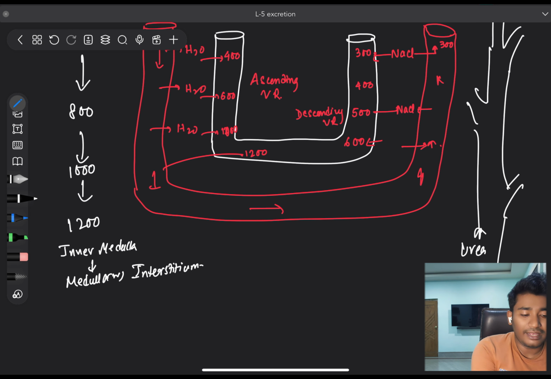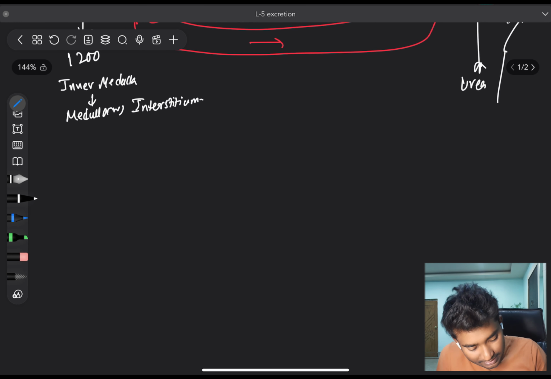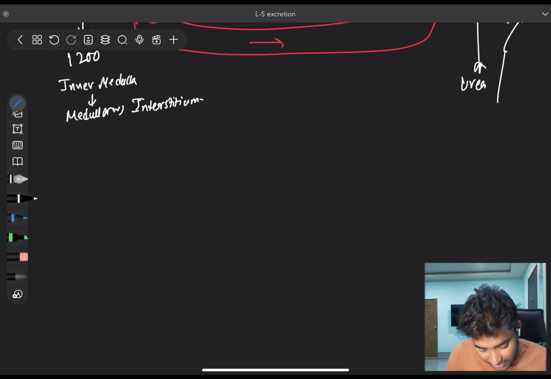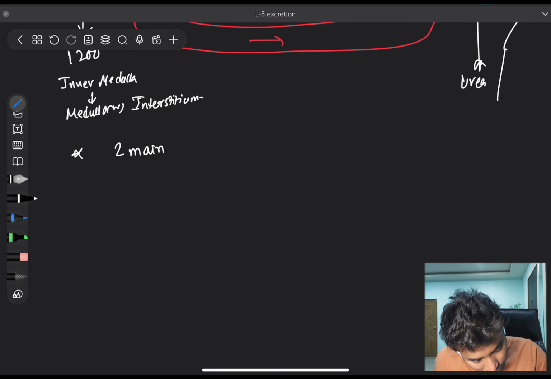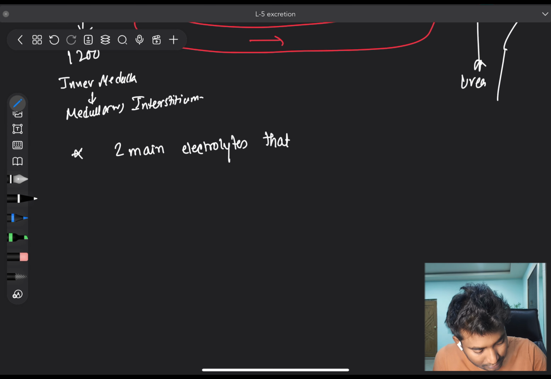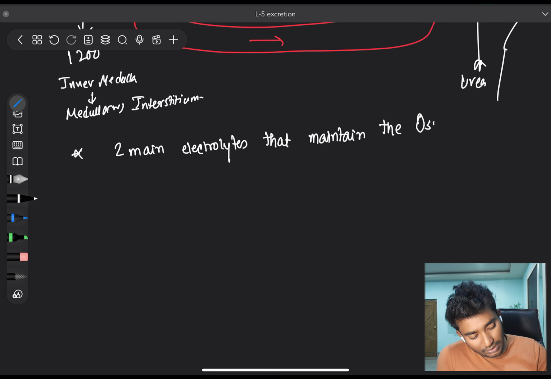Here the urea is somehow reabsorbed. Now in the next part we're going to start with the two main electrolytes that maintain the high osmolarity of the interstitium: one is NaCl and another is urea.